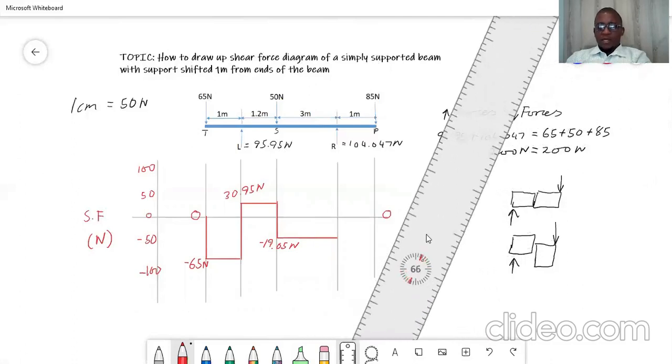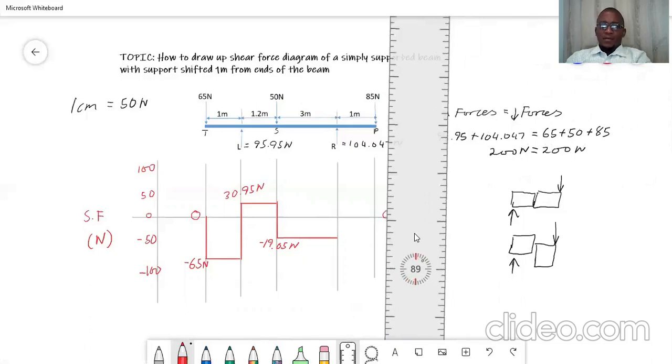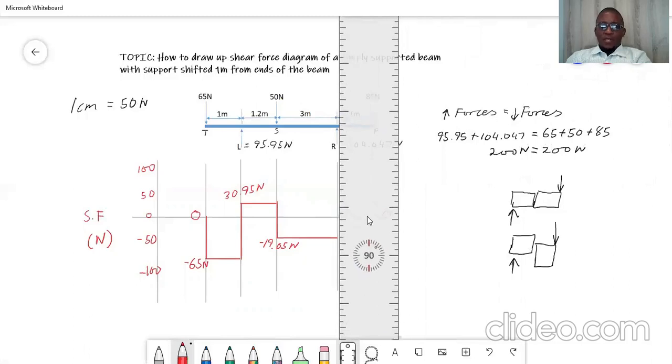So you simply say negative 19.05 plus 104.07. That must give you 84.999. You can simply say that is 85, good people.